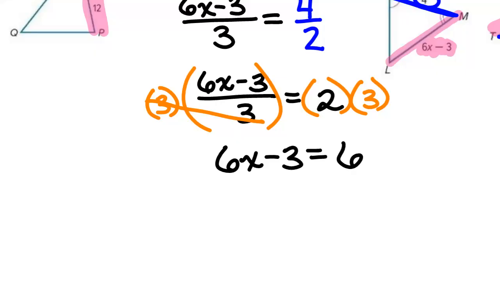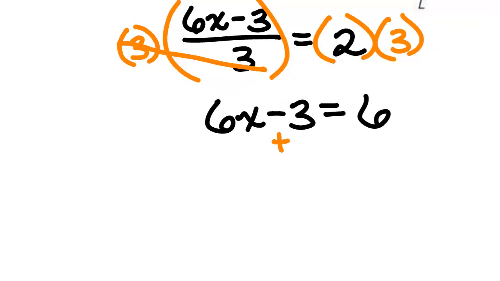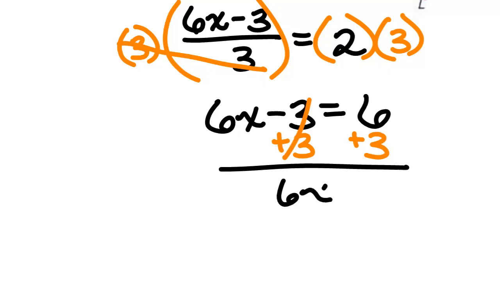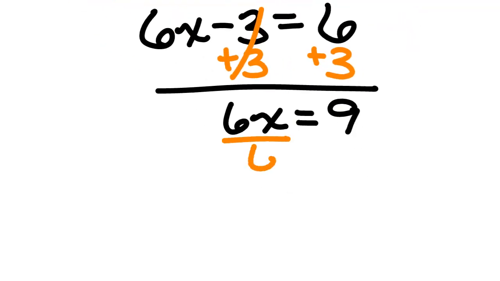Now what do I do? Add 3, yep, on both sides, absolutely correct. And I get 6x equals 9. And now what? Divide both sides by 6. So x equals 9 over 6.